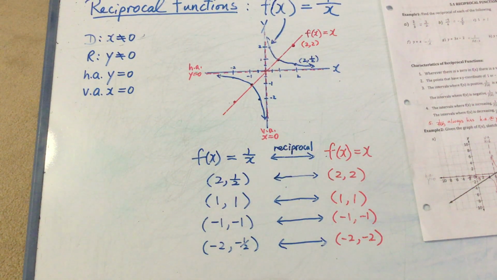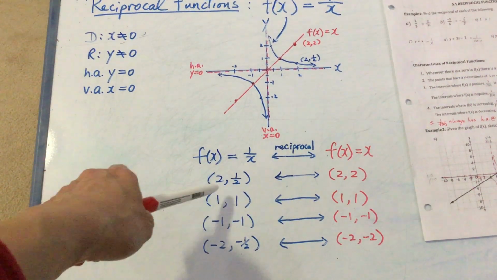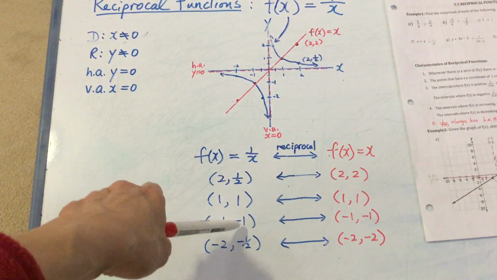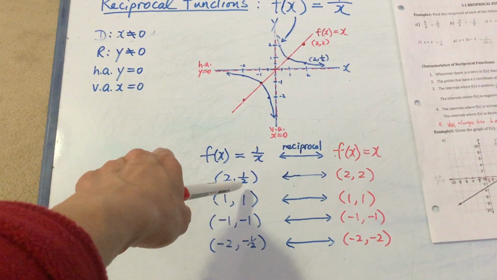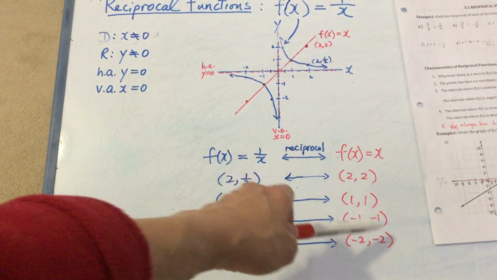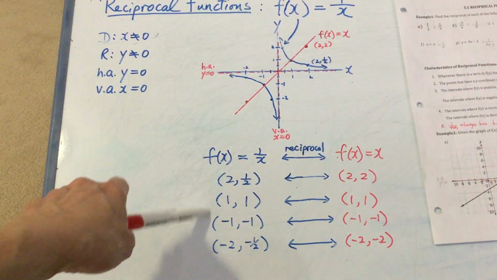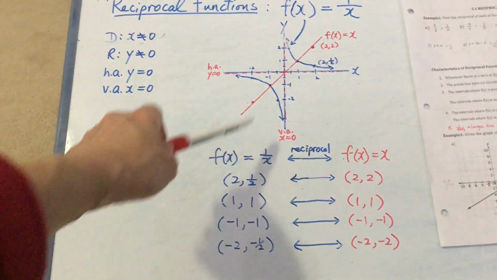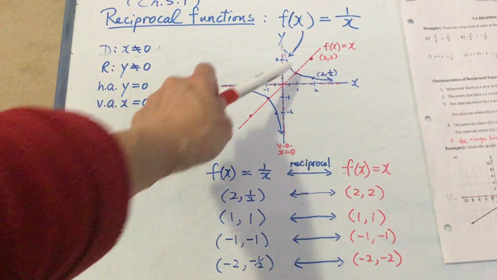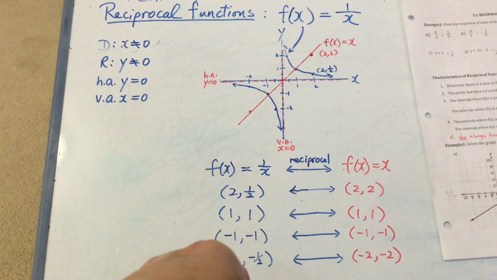Okay, so the only points that will not change the y coordinates are when the y coordinate is either 1 or -1. Think about it: if you divide 1 by 1, you still get the same result, or if you divide 1 by -1, you still get -1. Those are the only 2 points that are the same, and you can see from the graph that they intersect each other at those points, when the y coordinate is equal to 1 or -1.